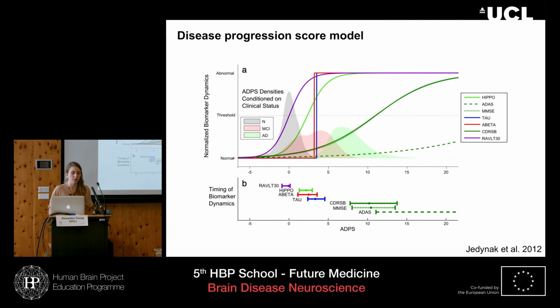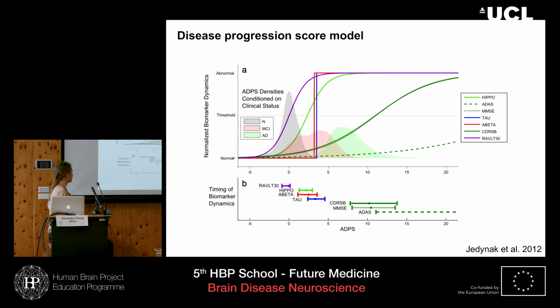So here's an example. This is the first example of this type of model, which is the disease progression score model of Jedynak et al. And what they find is that RAVLT is the first marker to become abnormal, and then amyloid and tau, and then cognitive test scores.